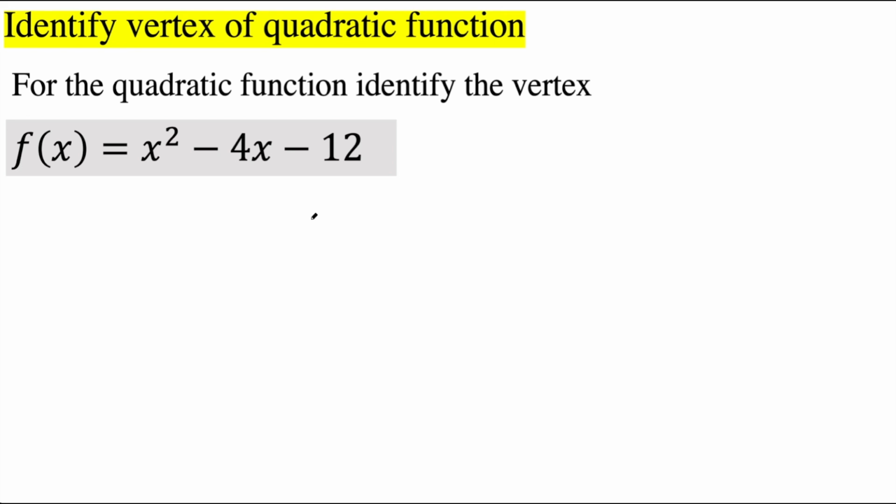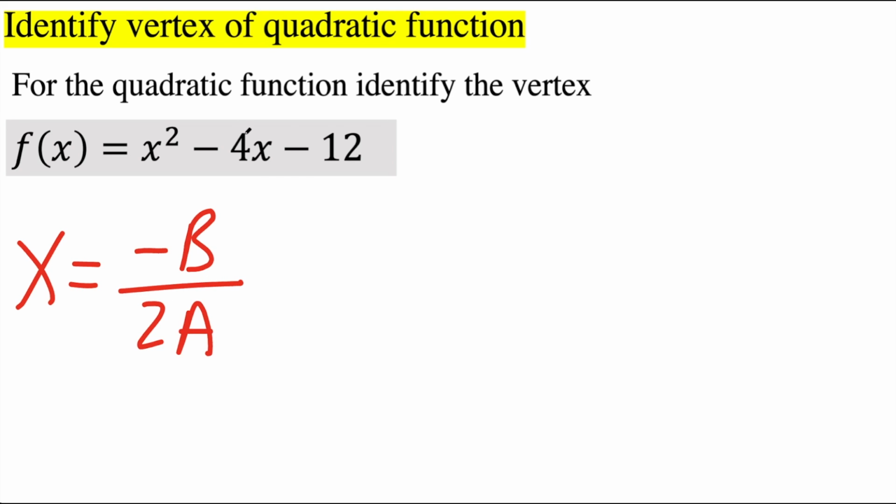Okay, so this will be our first problem. So again, the formula is x is equal to minus b divided by 2a. And we know our b piece is this piece right here. So it's negative parentheses negative 4. Because this is negative 4, the b value is negative 4.